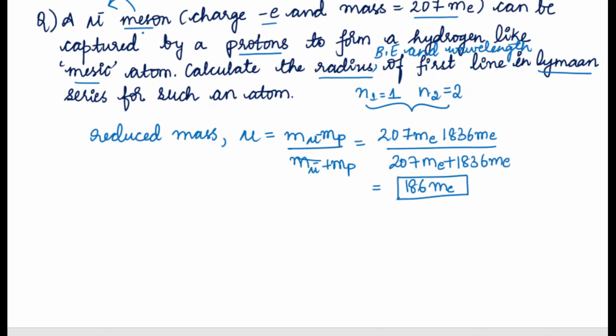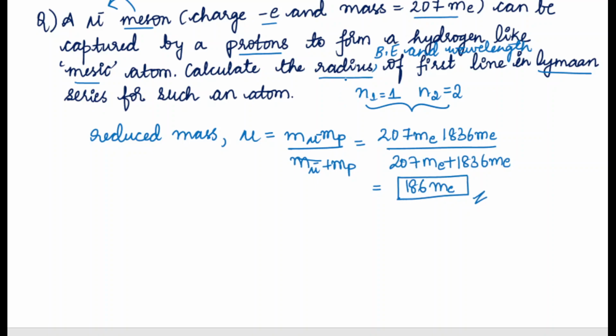A meson, a muon, comes under a meson, with charge minus e and mass 207 times the mass of an electron, can be captured by a proton to form a hydrogen-like mesic atom. Calculate the radius, binding energy and wavelength of the first line in the Lyman series for such an atom. So this is the question, and I was thinking something was missing in it.